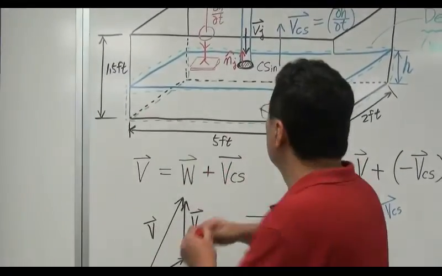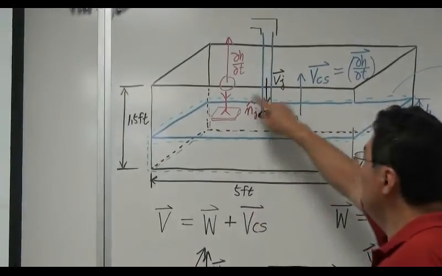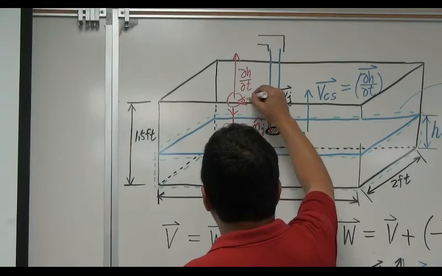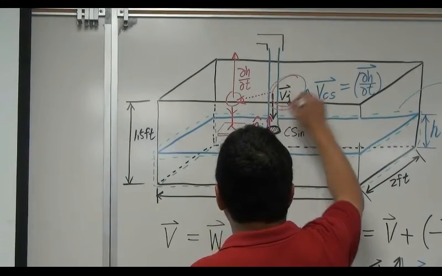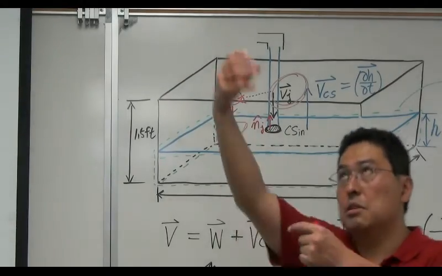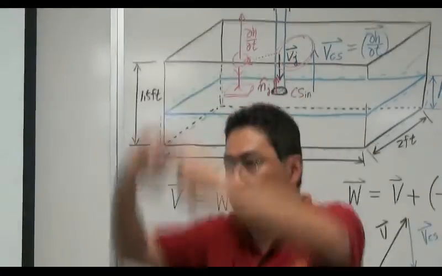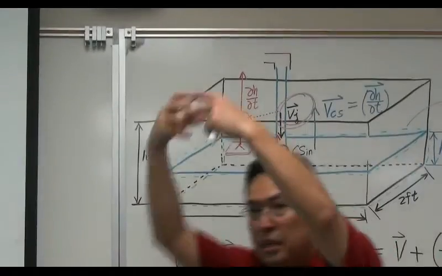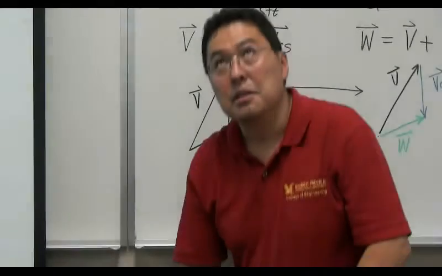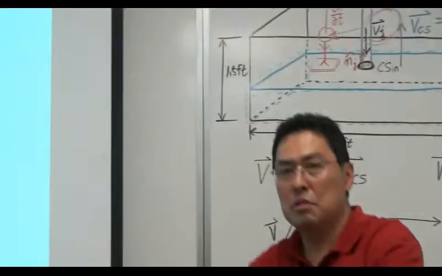Then at the same time you see this velocity of water incoming. This V sub j is incoming. You are moving upwards while watching the velocity incoming.